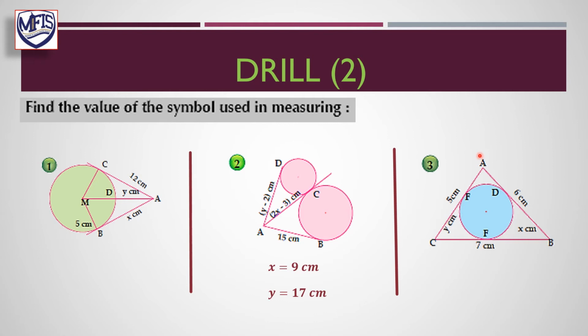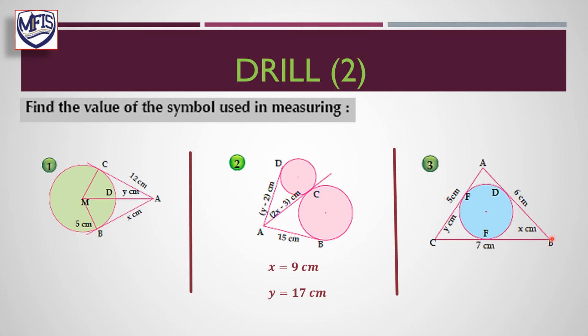The perimeter here equals 6 plus 7 plus 5 equals 18. Now 2x plus 2y plus 2z equals 18. Then when we take 2 as a common factor, 2 open bracket x plus y plus z equals 18. Then x plus y plus z equals 9.